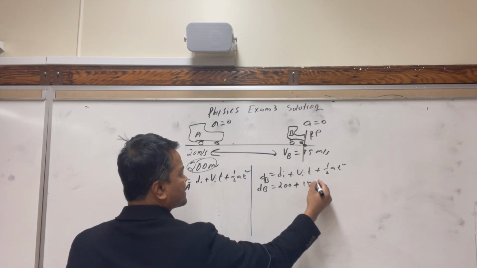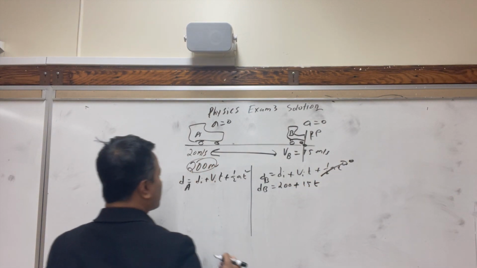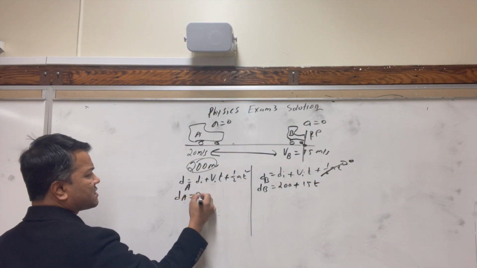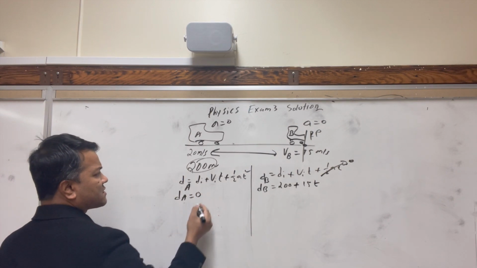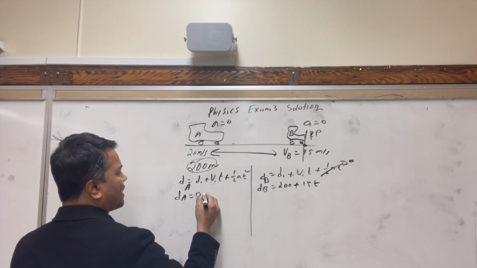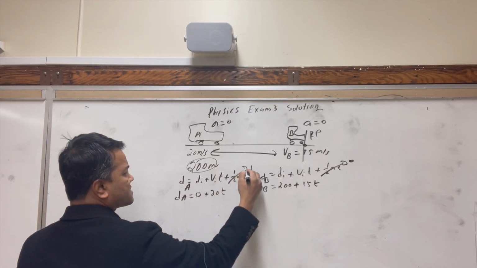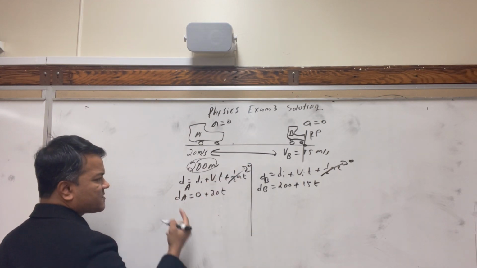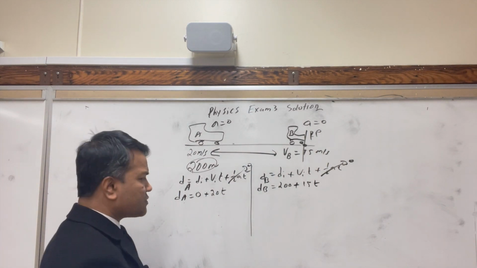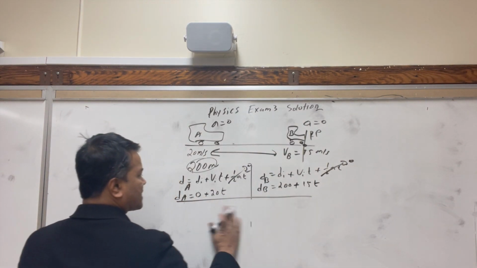Vi is 15t and acceleration is 0. So dA has di of 0, this car doesn't have a head start, plus 20t, and acceleration is 0. So we can set dA equal to dB, and we can take it from here.